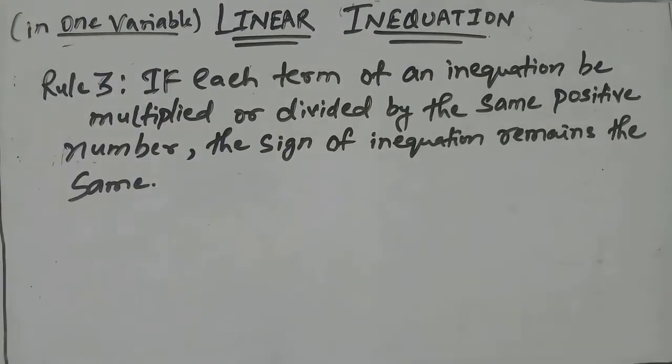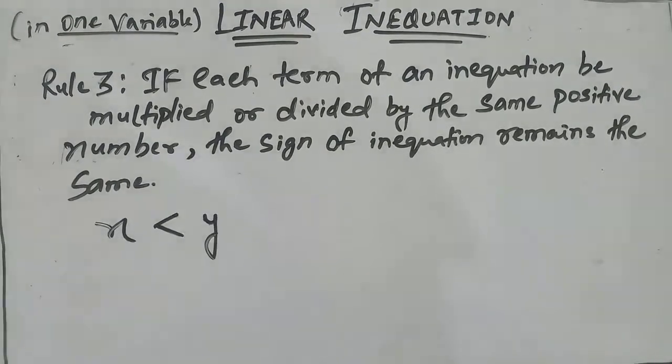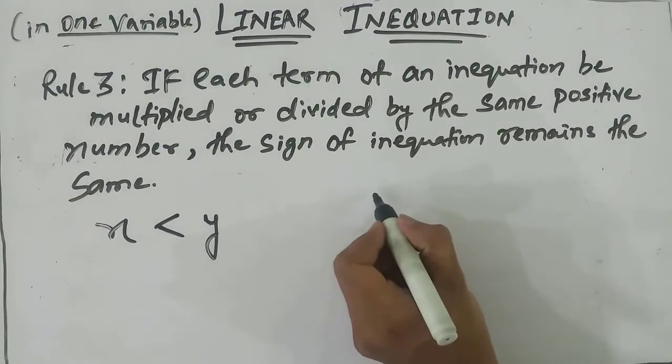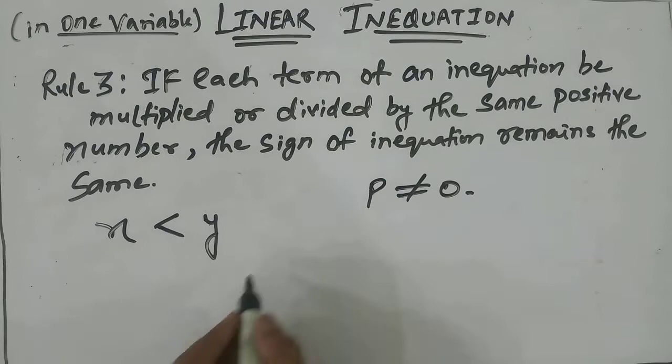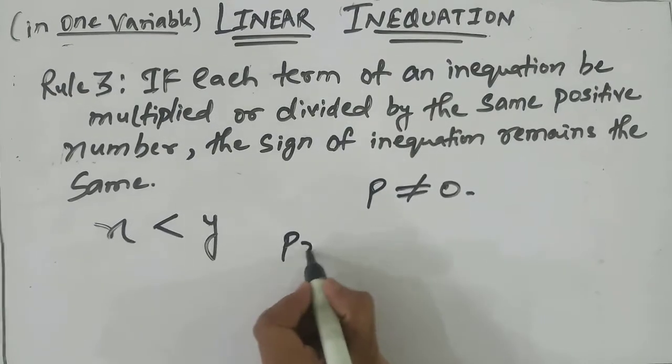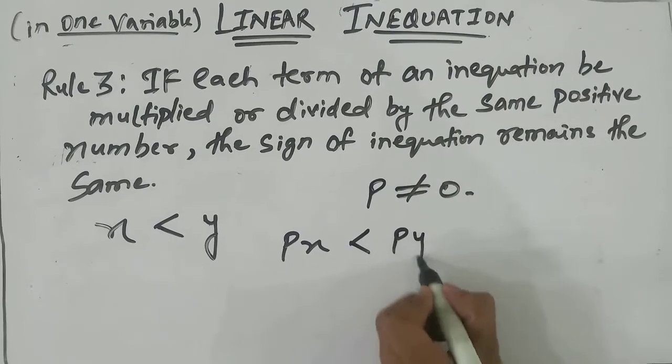Now rule 3 is: if each term of an inequation is multiplied or divided by the same positive number, the sign of the inequation remains the same. That is, suppose x is less than y, and p is a positive term, p not equals to 0. If you multiply both sides, then it comes px, the sign will remain the same, that is px is less than py.